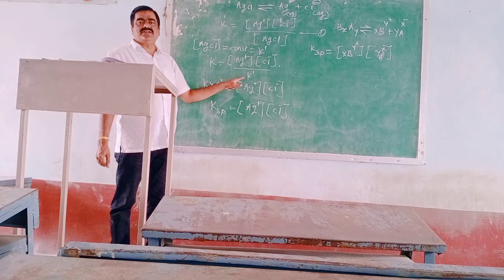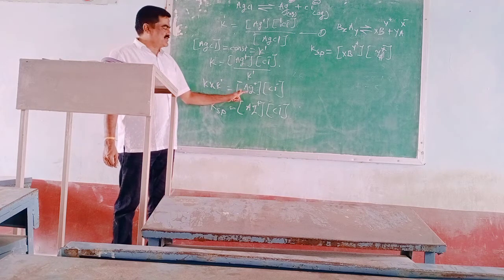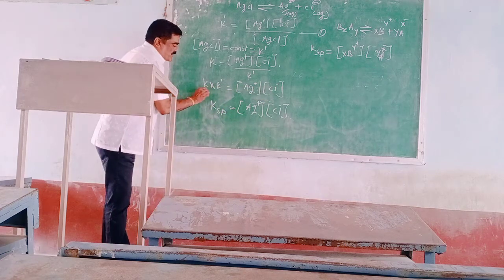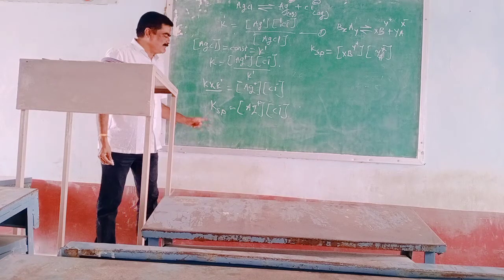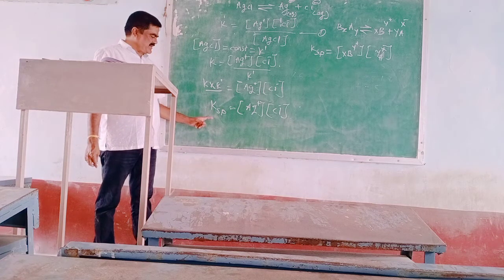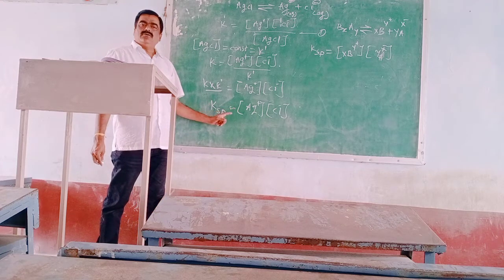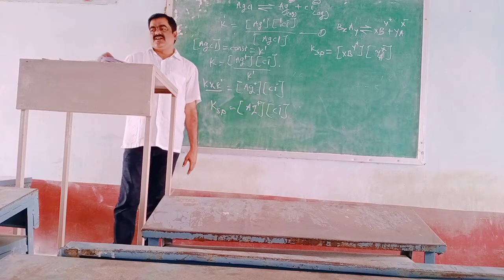K is equal to the molar concentration of Ag plus into Cl minus divided by, instead of AgCl, the value K dash. K into K dash is equal to the molar concentration of the ions, that is Ag plus and Cl minus ions. But this K into K dash is the solubility product, represented by Ksp, where Ksp is equal to the ionic product, that is the concentration of Ag plus and Cl minus.